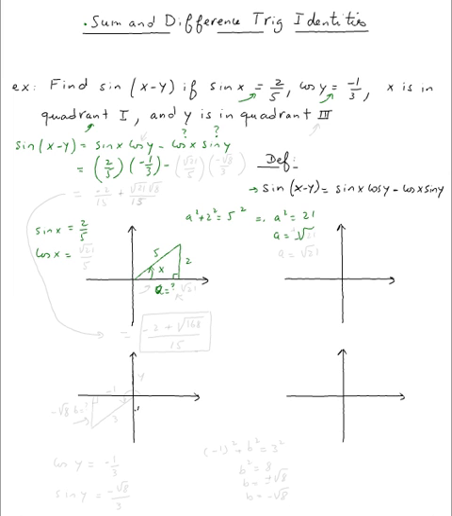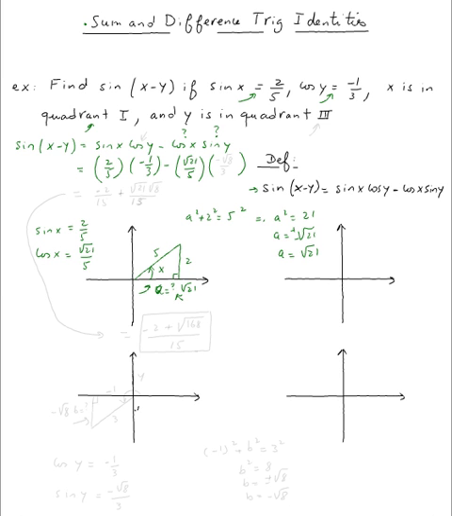So a is plus or minus square root of 21, but since this is positive, a is equal to square root of 21. Now you can tell cosine will be a over 5, so it's square root of 21 over 5, and then go back here and write square root 21 over 5.